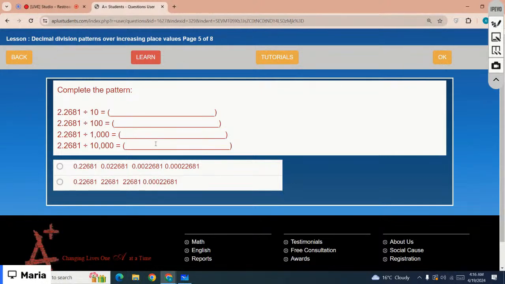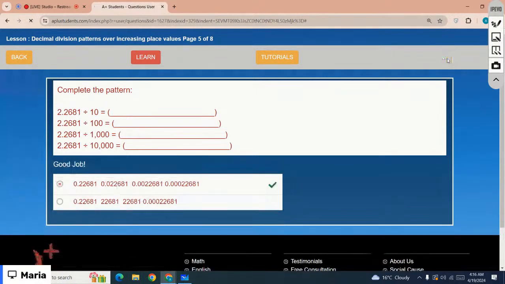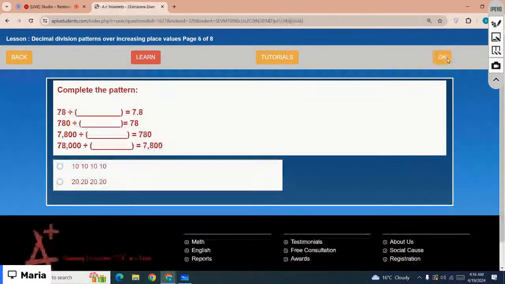That's option number one. Complete the pattern, which is the correct option? Option number one is the correct option.